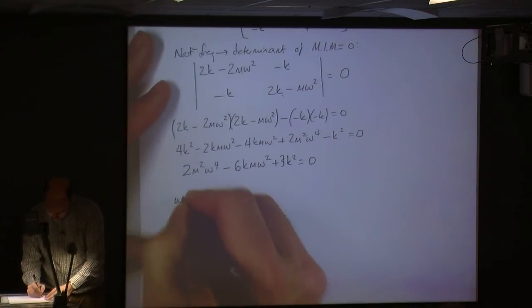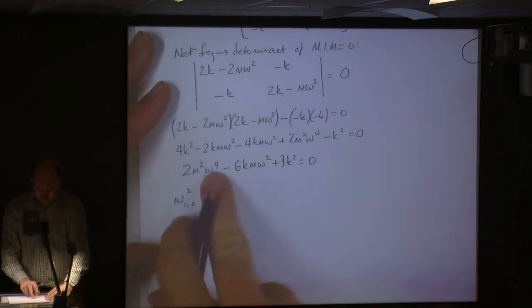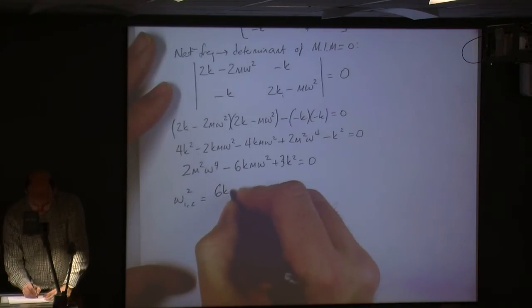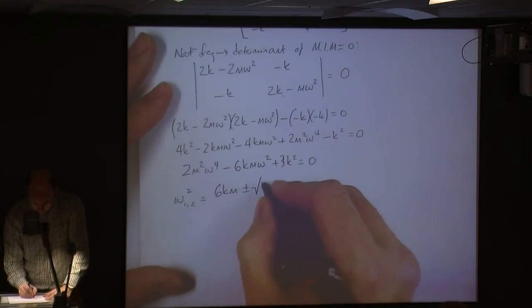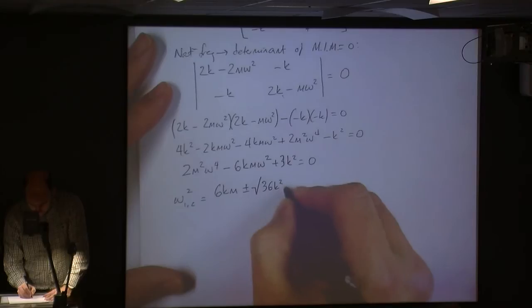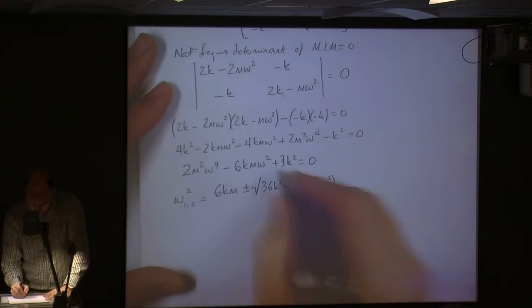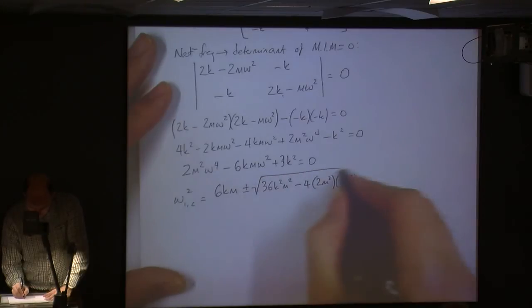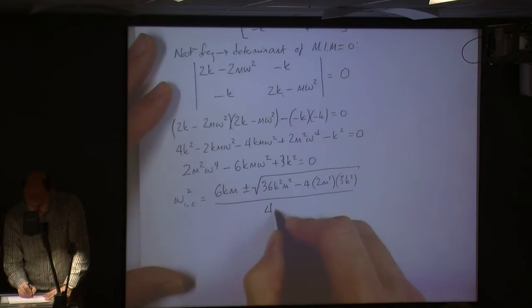So omega 1, 2 squared, because obviously it's in terms of omega 4, minus b, so that's 6km, plus or minus the square root of b squared, so that's going to be 36k squared m squared, minus 4 times by a, 2m squared, times by c, 3k squared, divided by 2a, so that's 4m squared.